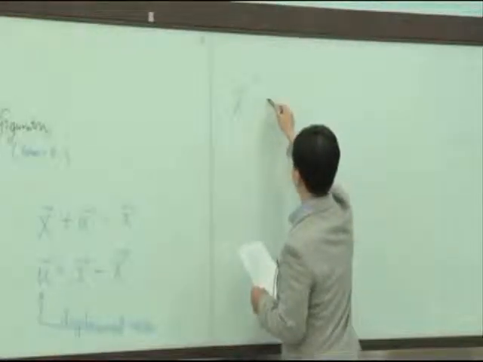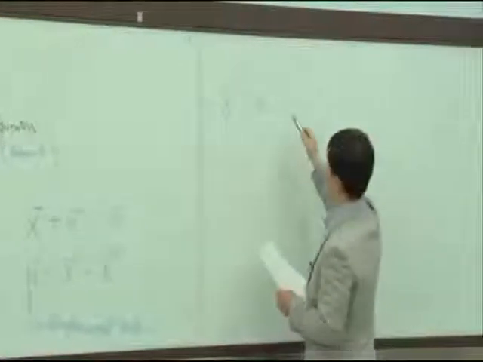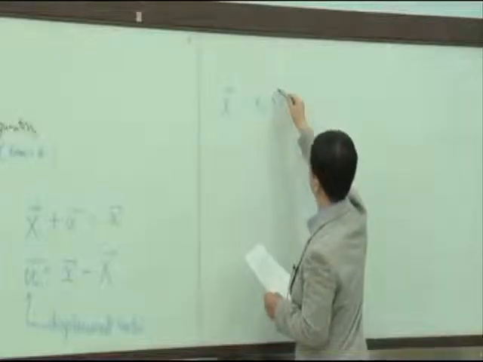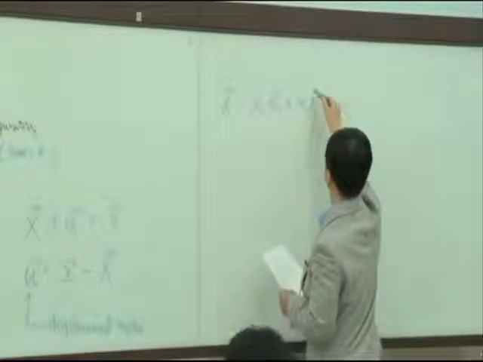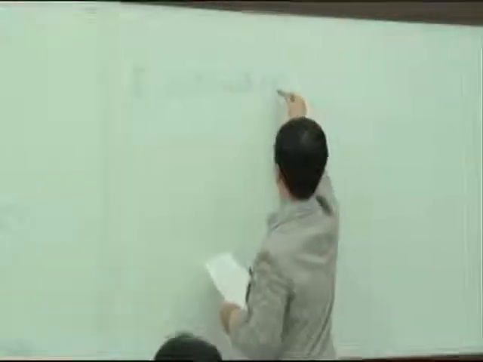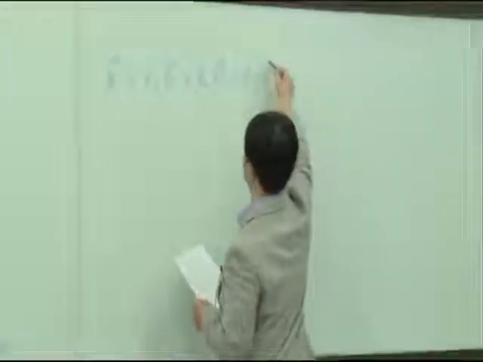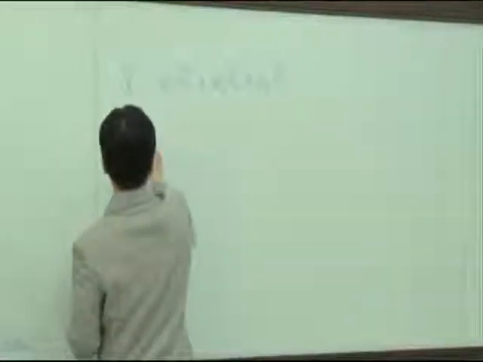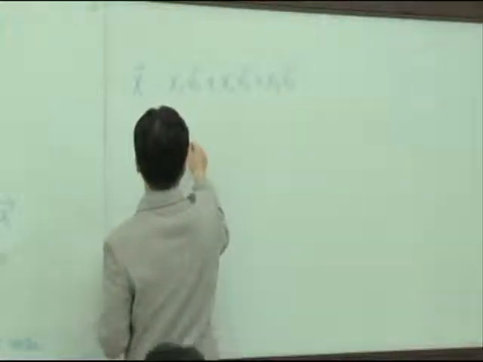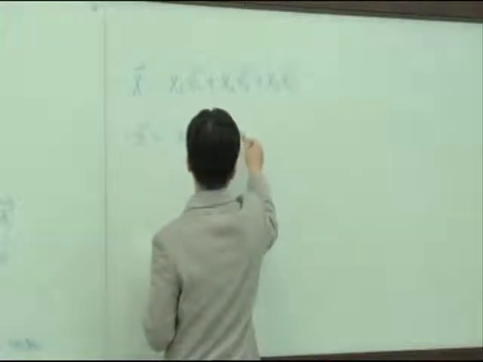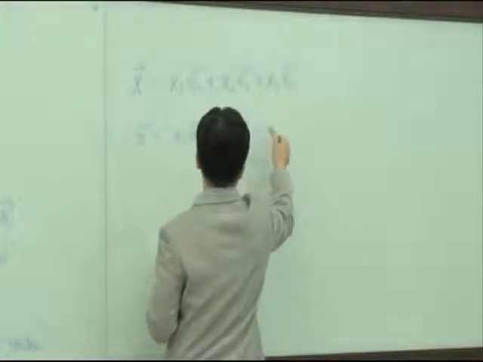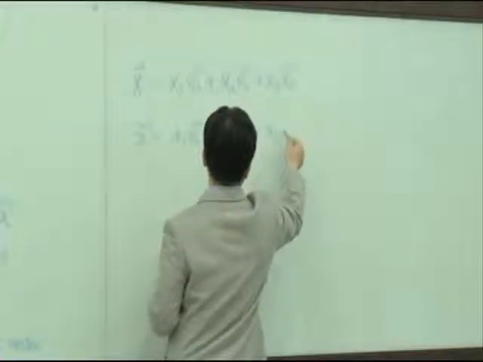So X has components X1 e1 plus X2 e2 plus X3 e3. And small x is x1 e1 plus x2 e2 plus x3 e3.